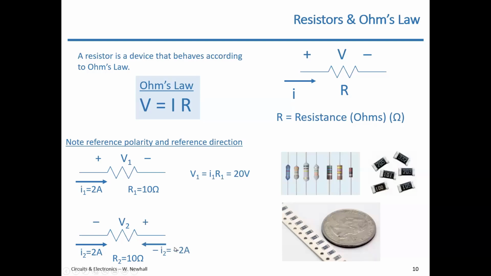So I chose, in this case, to flip the current and call that current minus I2, which is minus 2 amps. And so V2 equals minus I2 times R2. Not I2 times R2, you have to have that negative sign in there. That makes Ohm's law work here. All right, so that's how you use Ohm's law. Just be careful with your polarities and reference directions.